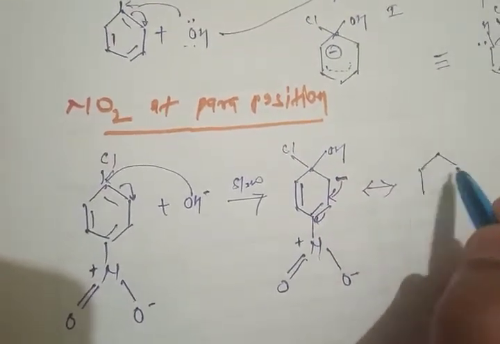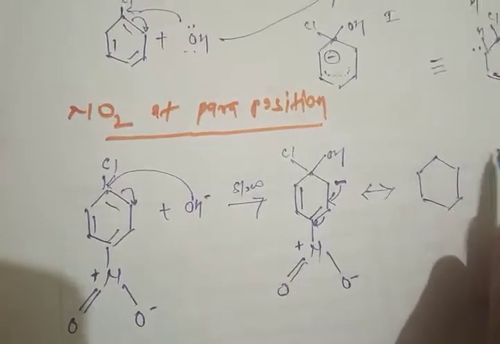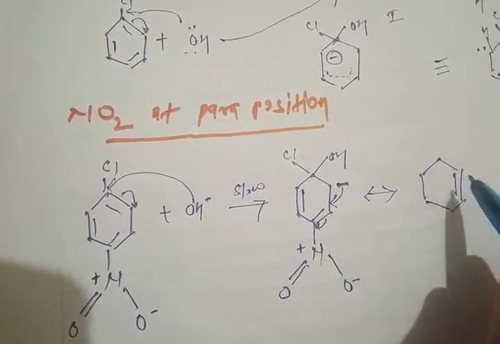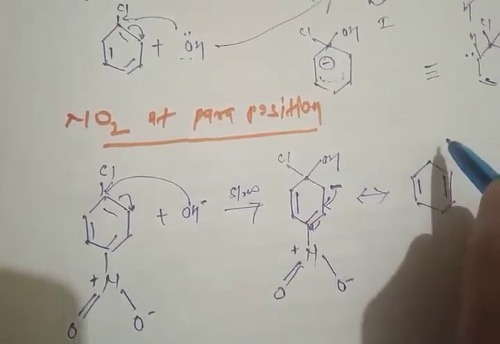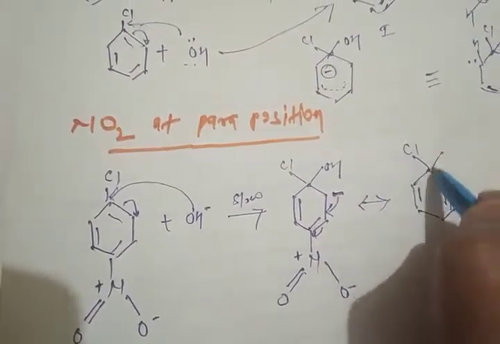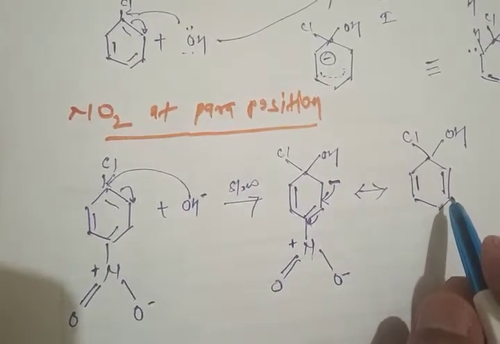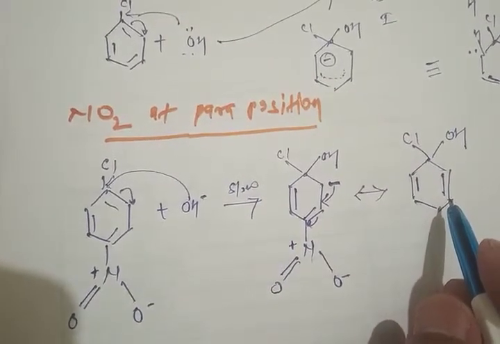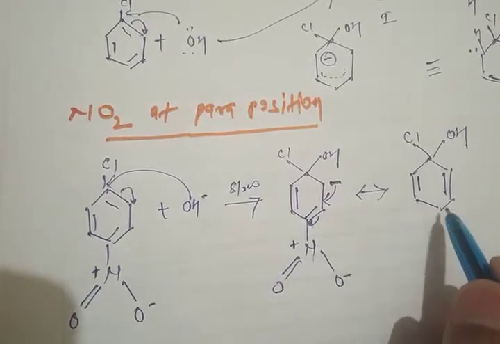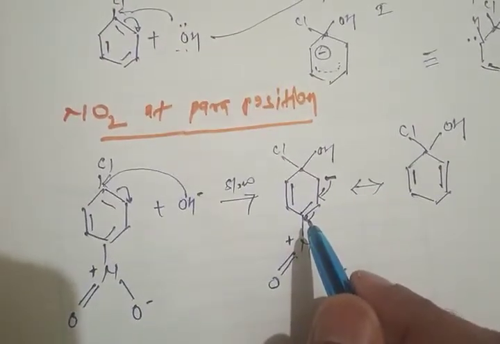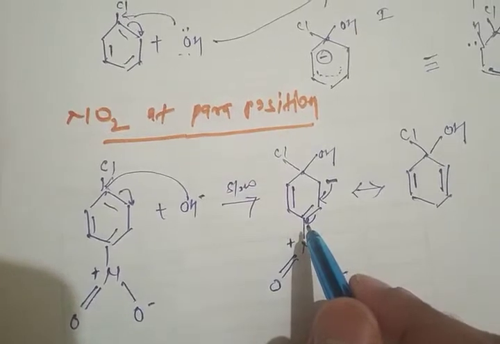So the next will be a pi electron here, pi electron is here, Cl, OH, and here we have an electron pair.